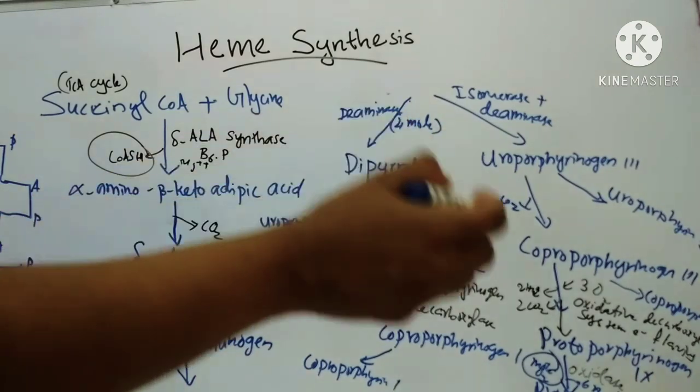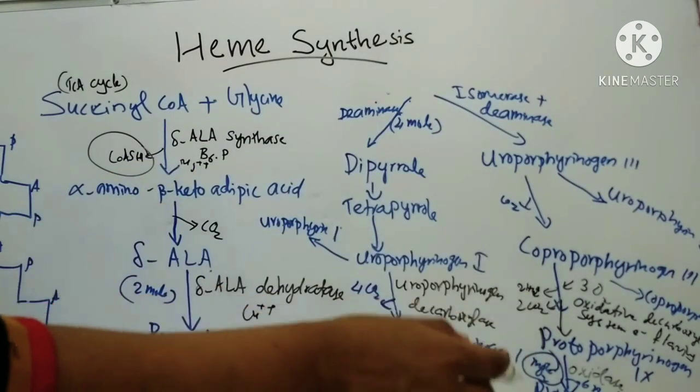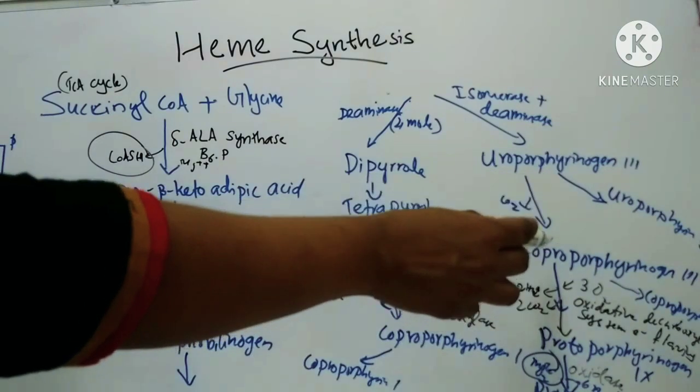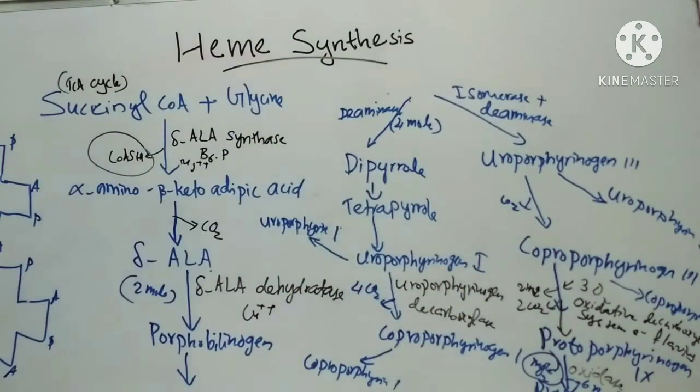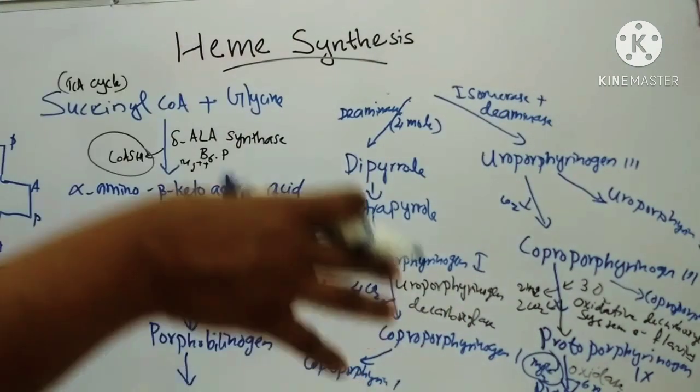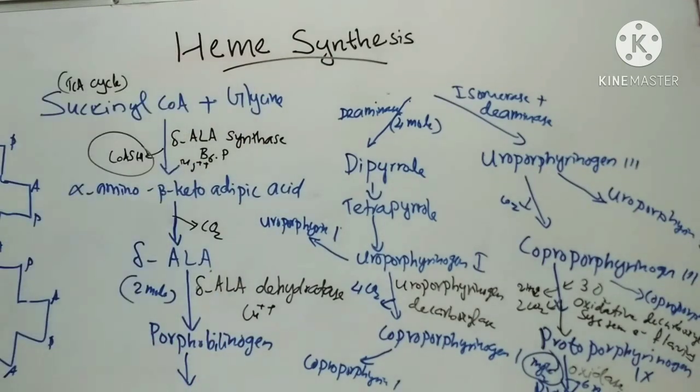The formation of protoporphyrin 9 from the coproporphyrinogen 3 is an aerobic process and requires the presence of molecular oxygen. So this is the formation of these porphyrins. So we got protoporphyrin 9.